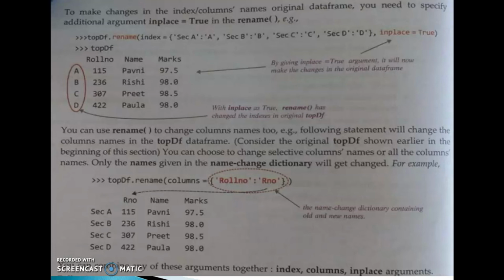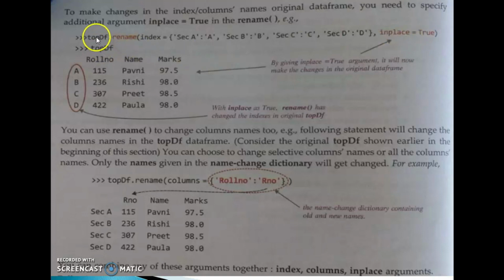For that, we have to specify the argument inplace equal to true in the rename function. Check this example. Top df dot rename index is equal to this one. Then I use this inplace is equal to true. What will happen here?